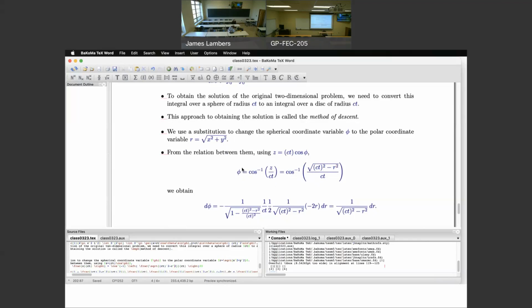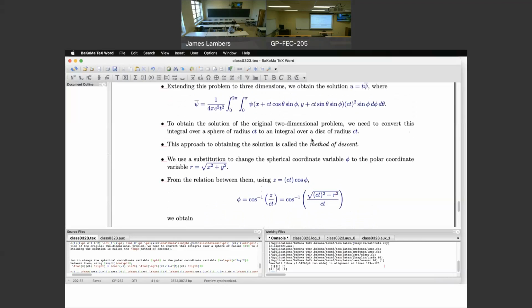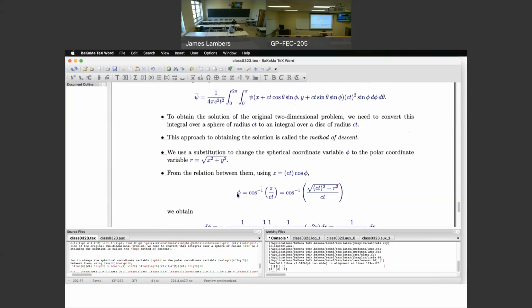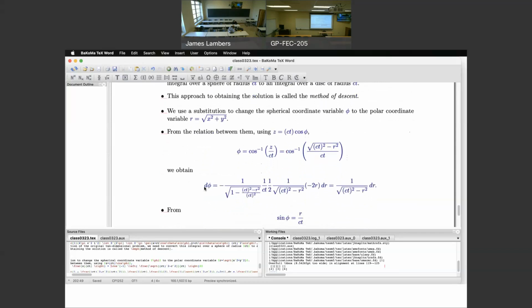So now I want to rewrite d phi from the integral, because really what I'm doing is making a u substitution. Wherever we see phi, I'm going to replace phi with this. That brings me to polar coordinates. But now I have to work out what d phi is.